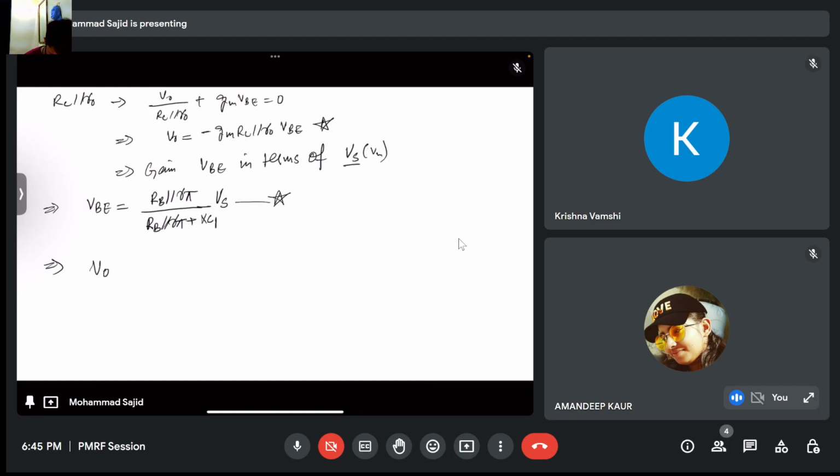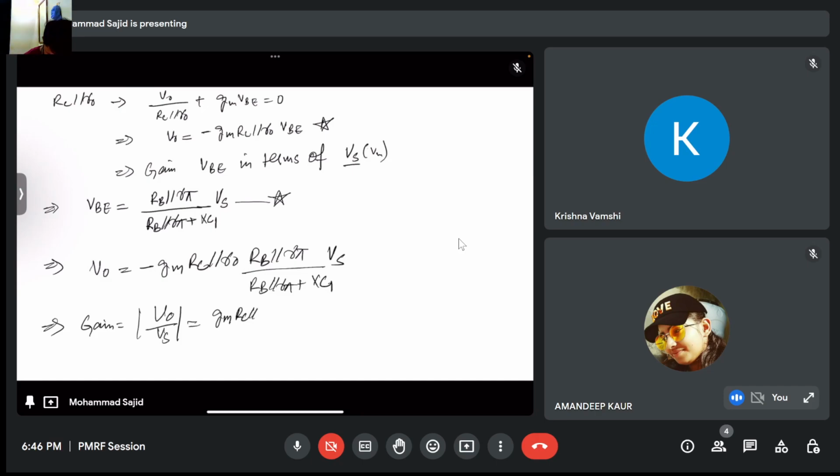We get V output is equivalent to GM RC parallel R0 and replace it with RB parallel R pi divided by RB parallel R pi plus XC1 Vs. So my gain, that is mod of V0 by Vs, will be simply equal to GM RC parallel R0, that is one term, and RB parallel R pi divided by RB parallel R pi plus XC1.